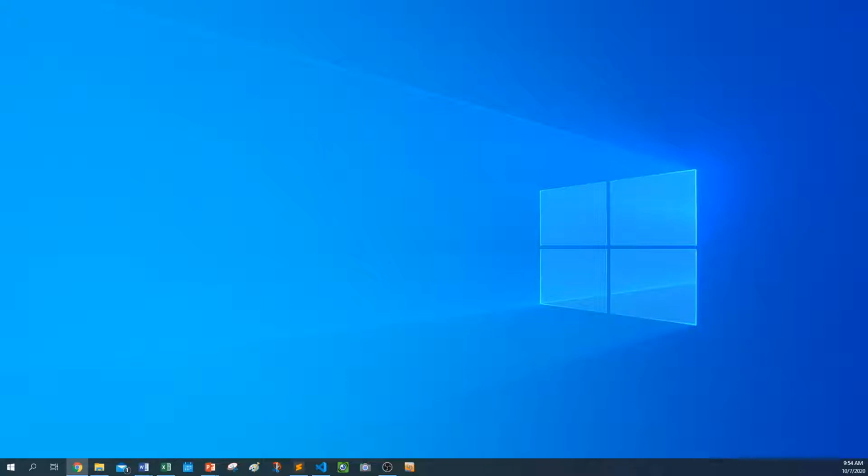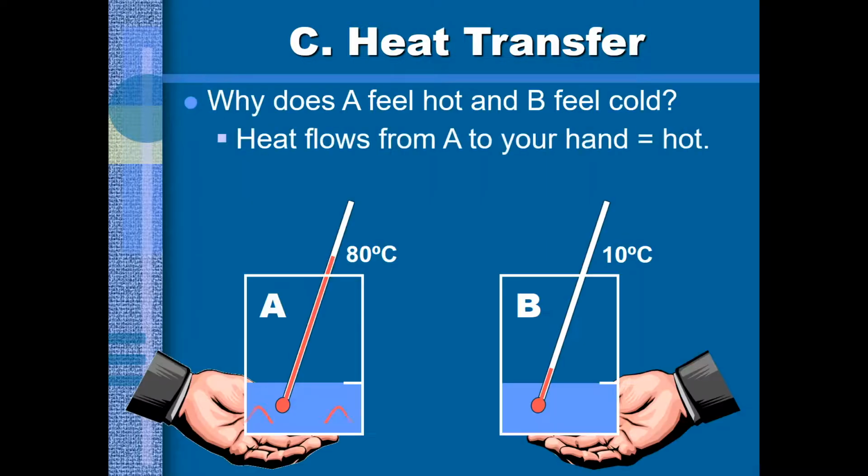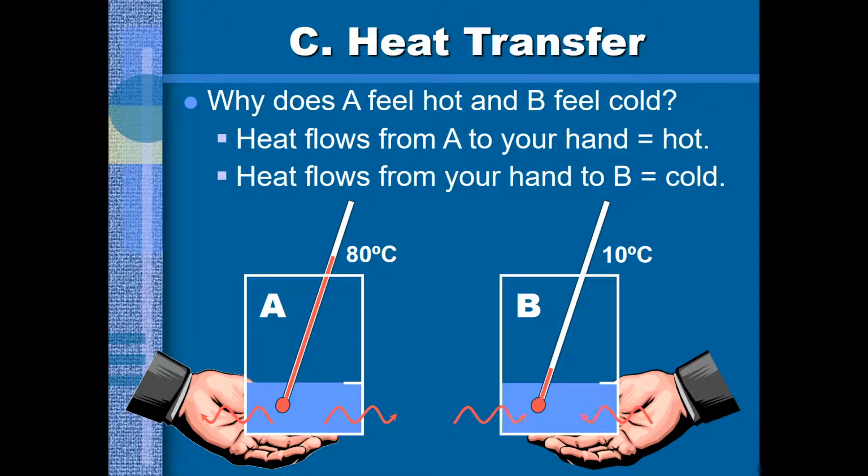I mean in Celsius, it's 37. So your body temperature is 37. So if you're holding something that's 10 degrees Celsius, heat will flow from your hot hand, relatively hot, into the cold material because it's at a lower temperature.